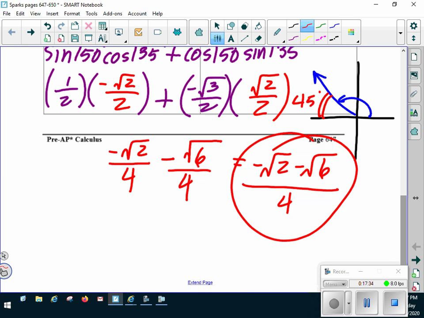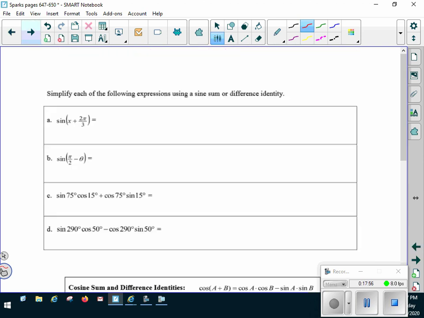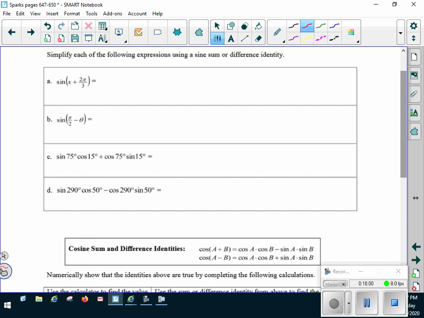Question? If the reference angles are some combination of 30 degrees, 45 degrees, and 60 degrees, right? So most of them will. Oh, I lied. That was not the last one of sine we're going to do.